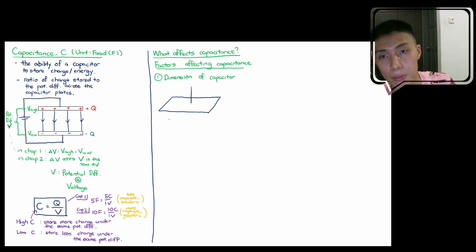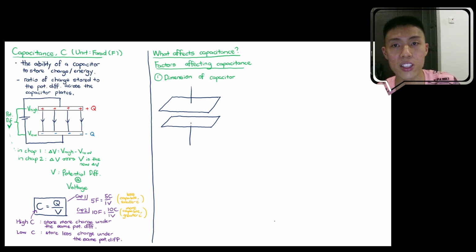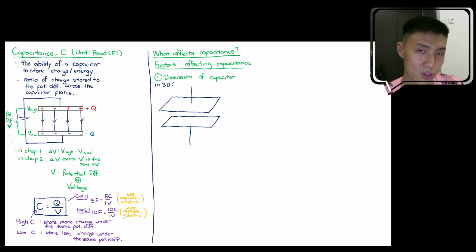This is the upper plate, whereas this is the lower plate. And they are connected to the wire like this. I'm drawing it in 3D. This is how a capacitor should look.